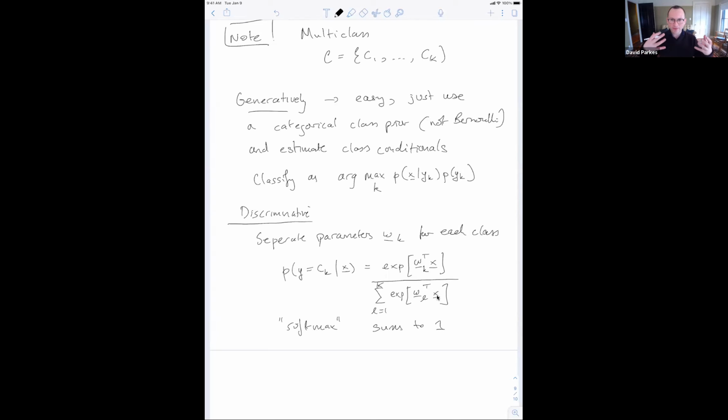We don't put all of the probability on the class that just happens to have a slightly higher discriminant value. And in particular, you can also check that if all the discriminant values were 0, then this would be the uniform distribution. It would put the same uniform probability on each of the classes. And you can train this using maximum likelihood approaches.